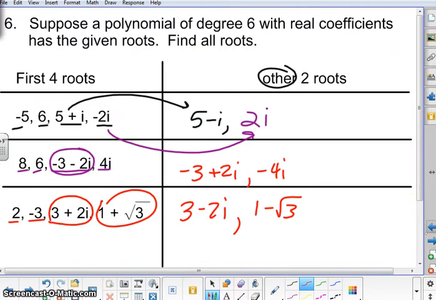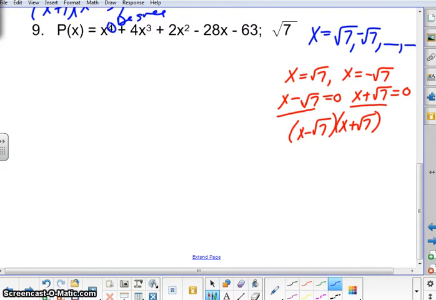So I'm going to multiply those together. First, outside, inside, last. So I'm left with x squared minus 7 for one of the factors. Or not completely factored, but that's one of the factors.